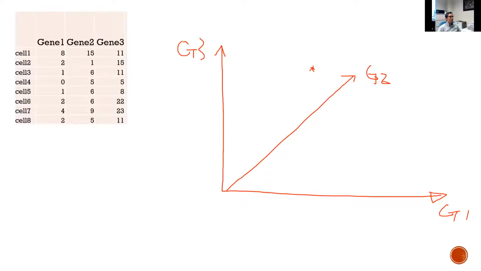I'm not going to plot them all at exact positions, but just give some ideas. So they will be distributed in this 3-dimensional space defined by 3 genes. Once you have that, you also can do a clustering analysis in the 3-dimensional space. So that's the idea.